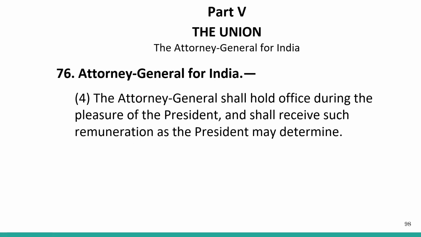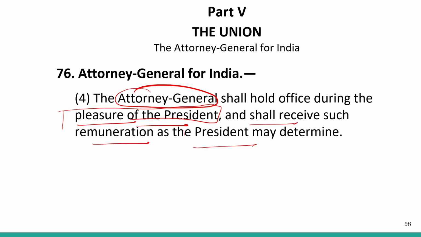And what is the duration? The tenure of the Attorney General of India is during the pleasure of the president. Unless the president feels that he should be removed, he will not be removed, and he shall receive such remuneration as the president may determine. His remuneration will also be decided by the president. Now, question again.